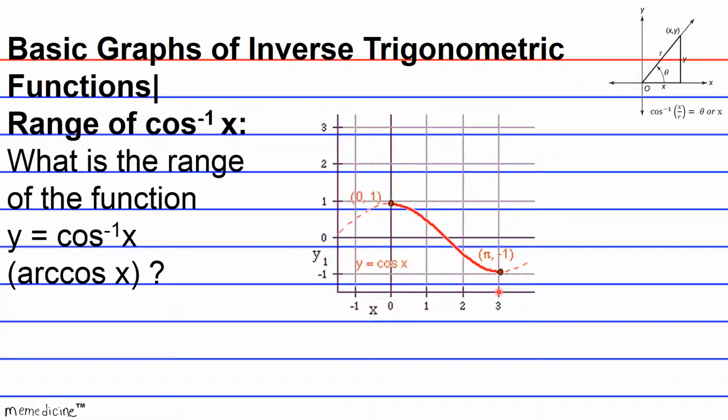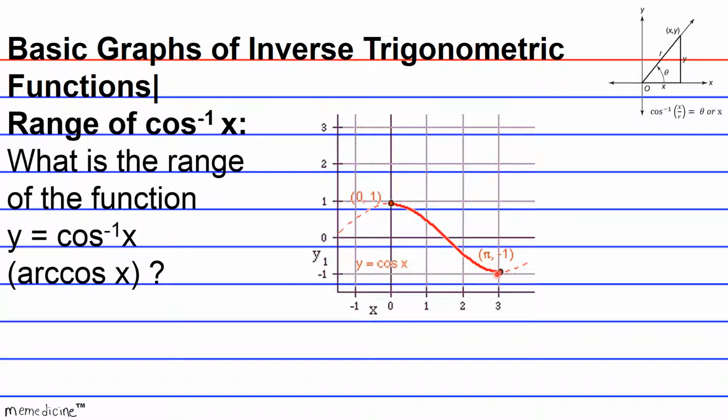So the domain is usually restricted between 0 and pi for the cosine of x in order to yield a proper function or graph for the inverse cosine of x. So 0 to pi is the restriction region used for the inverse cosine of x, okay?